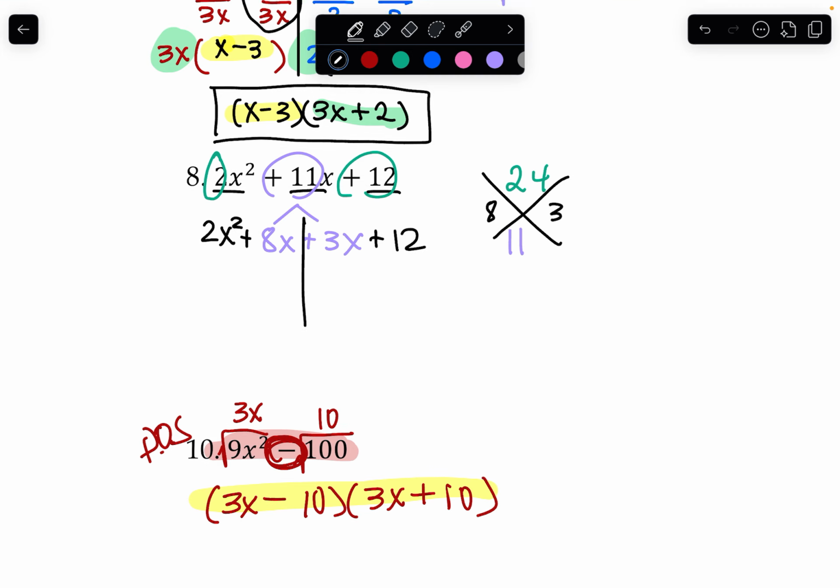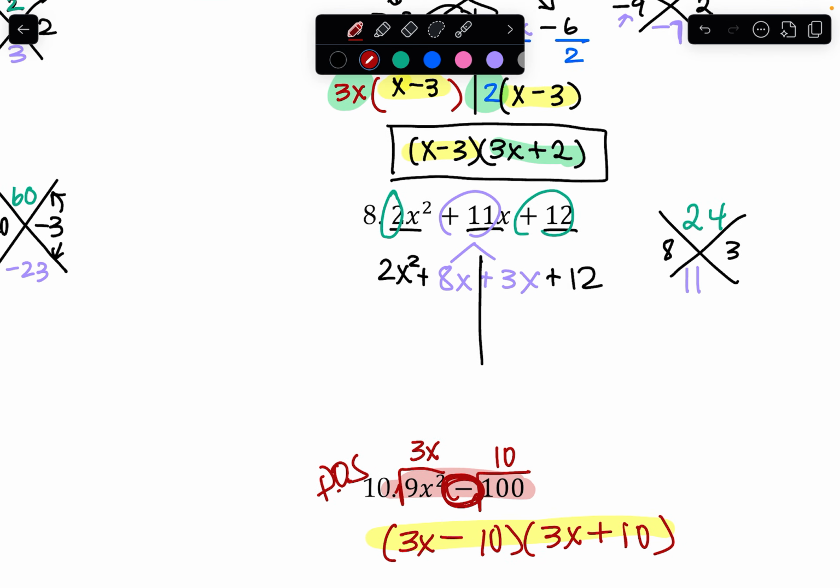Draw your line. Out of the first pair, we can divide out a 2 and an x, which leaves behind x plus 4. Out of the second pair, we can get a 3 only, because this doesn't have an x, which leaves behind an x and a 4.